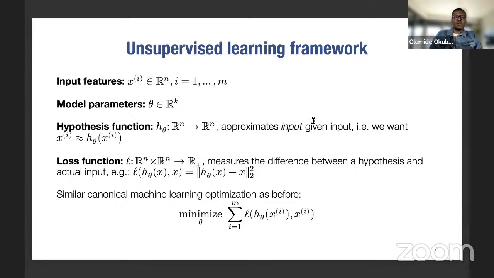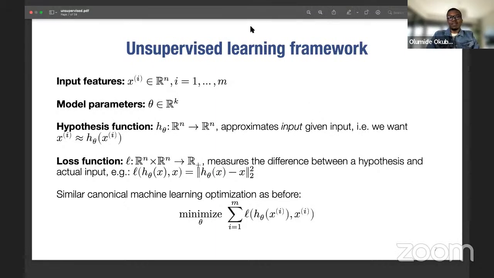So input features, you have X. You can have X's from n real dimensional space. How many of us now know how to read all this mathematical notation? You can just put it in the chat. Comfortable, not comfortable, struggling, I totally hate it. Let's take a poll.